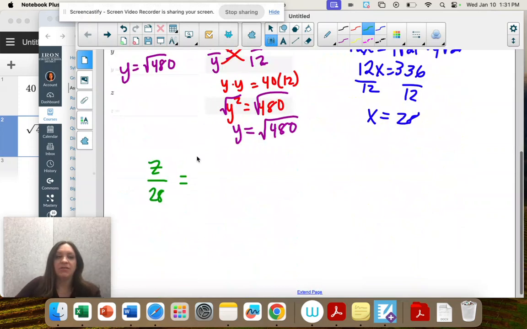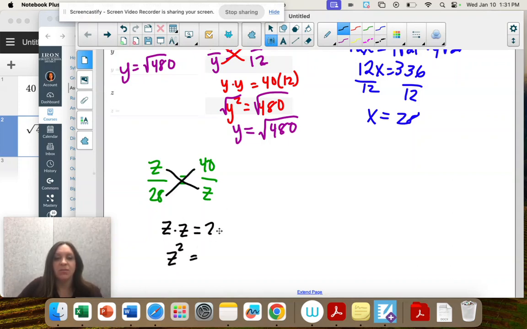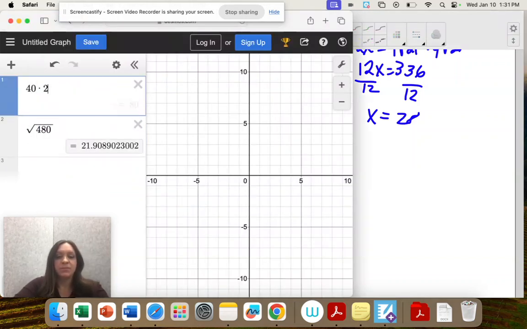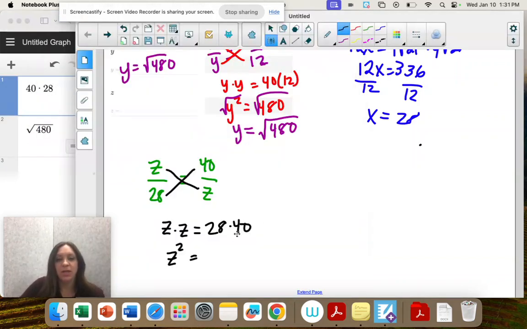And it's okay to have two z's. All that does is it creates a z squared, and we take a square root. No big deal. So z times z is z squared. And then we're going to have 28 times 40, which is 1120.